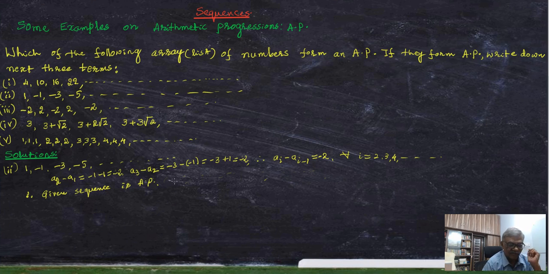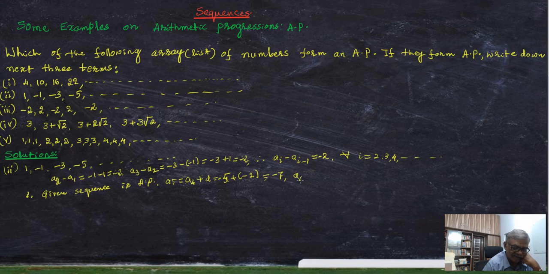And for the next three terms, you can see there are four terms here. The fifth term, A5, is obtained from A4 plus the common difference d, that is A4 plus minus 2. A4 is minus 5, plus minus 2 is equal to minus 7.